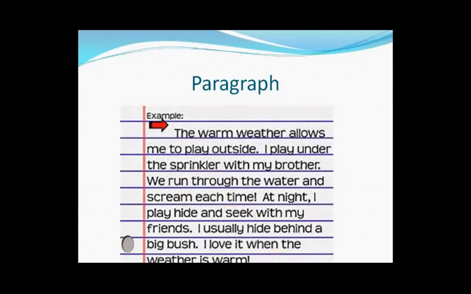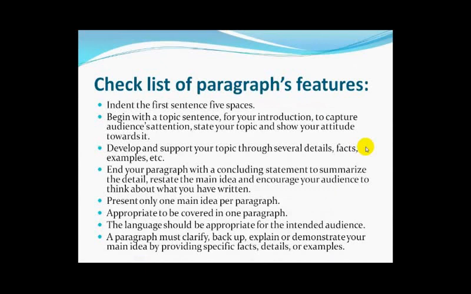Now we would move to the next, which is the checklist of paragraph features. So we're gonna talk about this for a while. Okay, what will its features be? The first one is indent the first sentence 5 spaces, as we talked about. That the paragraph, at the beginning of that, we have that space. Okay, the space for which we use a specific word, we call that indent.